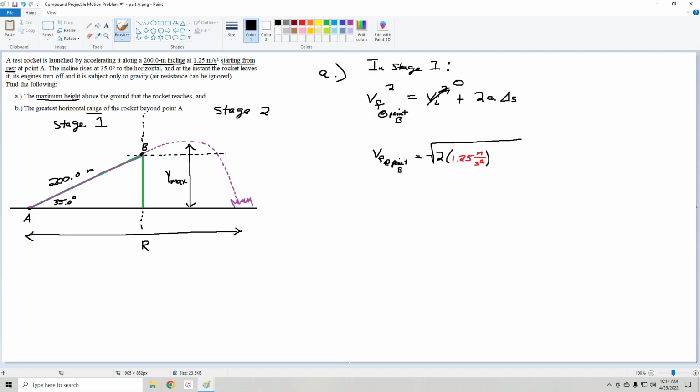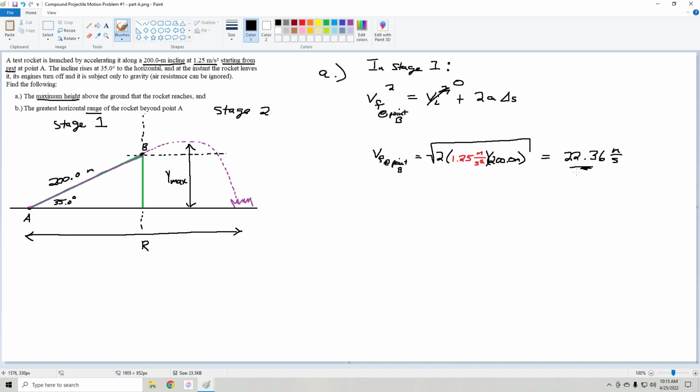Well, that's the entire length of the incline, the 200 meters. So 200.0 meters. And if we put that all under the radical, what do we get in the calculator? On mine, I get the following: 22.36 meters per second. This is not the answer to part A, but rather this is the velocity once the rocket reaches point B.